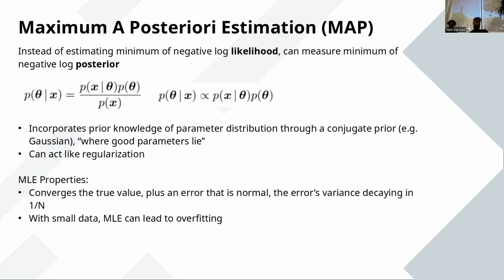And something I'll be keeping in mind is that we usually expect the variance of that error to decay as 1 over n, where n is the number of samples. So if you have 1,000 samples, you need a lot more samples to decay that error, as opposed to a small data set. And if you have a small amount of data, that MLE can lead to overfitting.